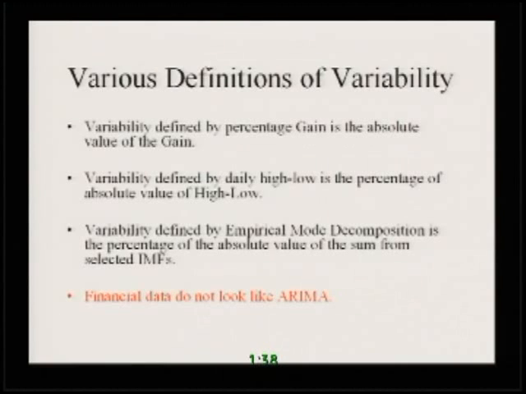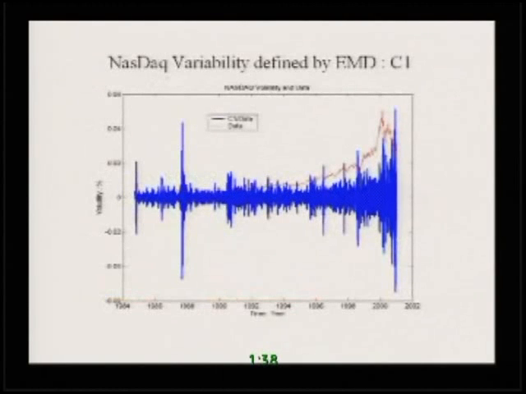And variability of EMD is defined as the percentage of the absolute value of the sum from selected IMFs. Let's see. If I use C1, the first component, as the volatility of the market, you will see that the Nasdaq data until 2001 looks like this.